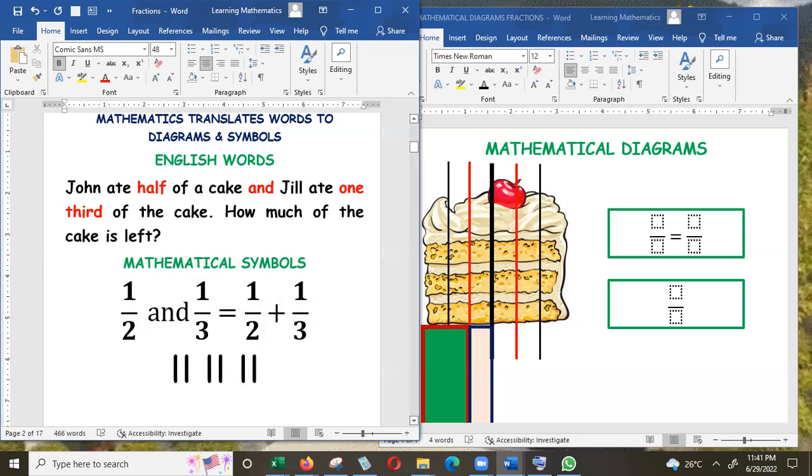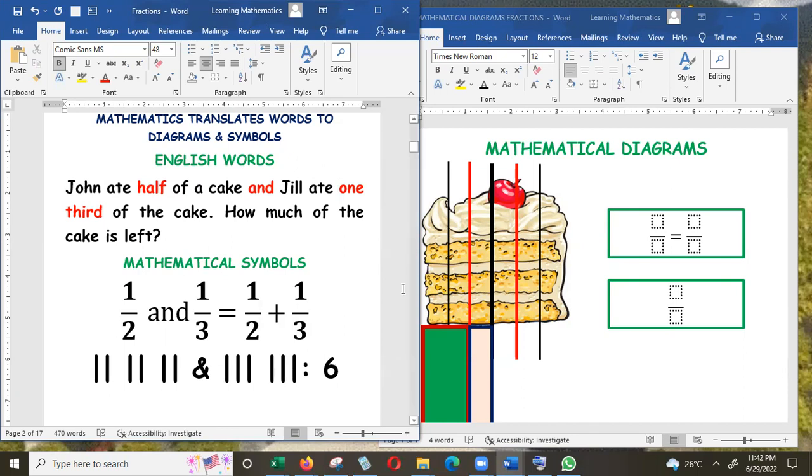So that's 6. Also, if you look at 2 groups of 3, you have 1 group of 3, 2 groups of 3, that's also 6. So the number we're looking for is actually 6. Okay, because in 6 you can get groups of 2 and groups of 3. They call that the LCM, the lowest common multiple of 2 and 3.